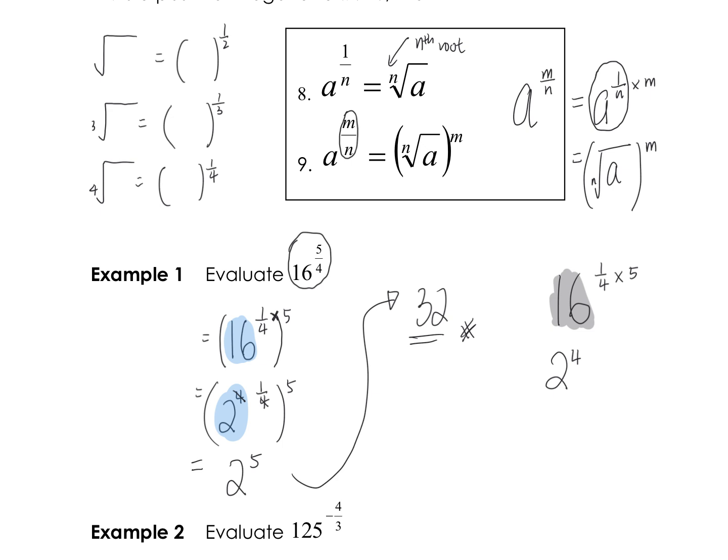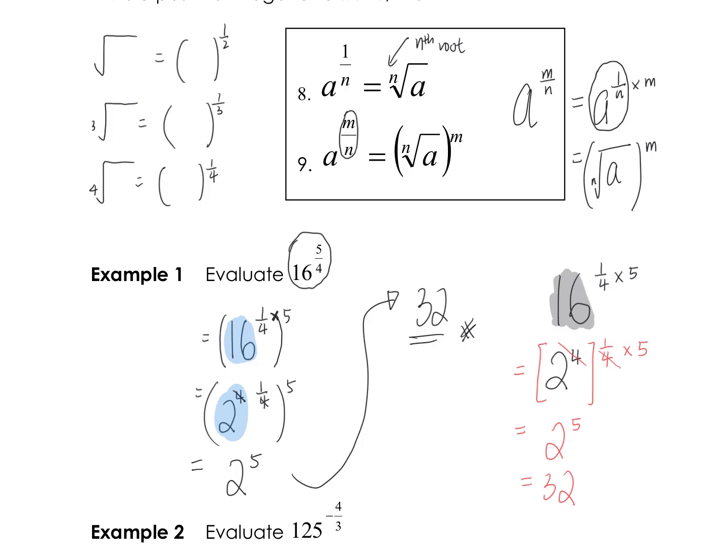With that, I still have my 1/4 and my 5 there. So I could simplify this, and the quarter is gone. I end up having 2 to the power of 5 remaining, which is 32.